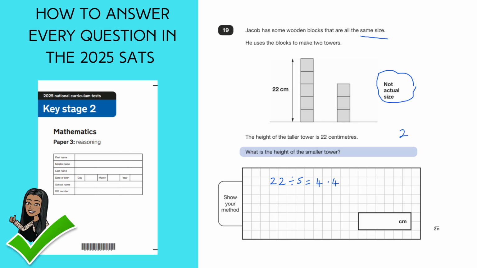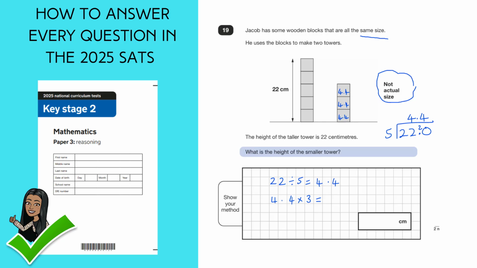As I say, you could also use a bus stop here. That's going to be 4 with a remainder of 2, and then 5 into 20 is 4. Same answer. So if I know that these are all 4.4, to find the height of the taller tower, I need to now do 4.4 multiplied by 3.